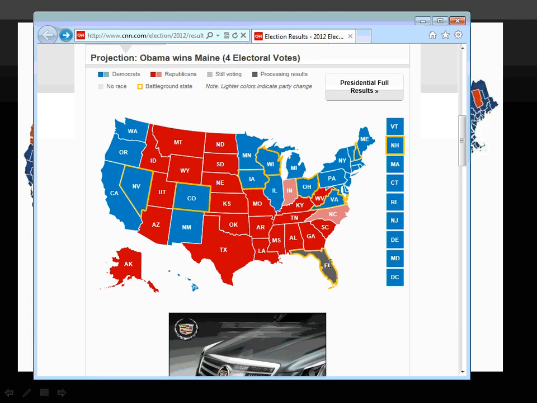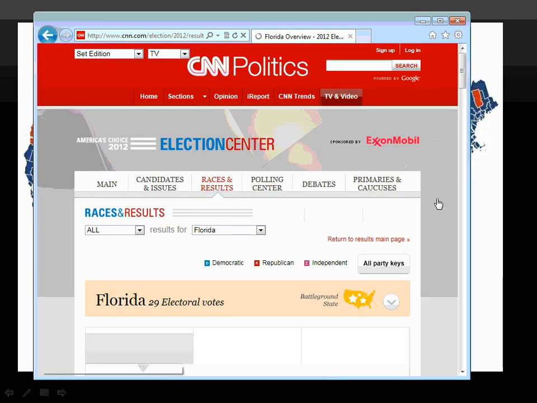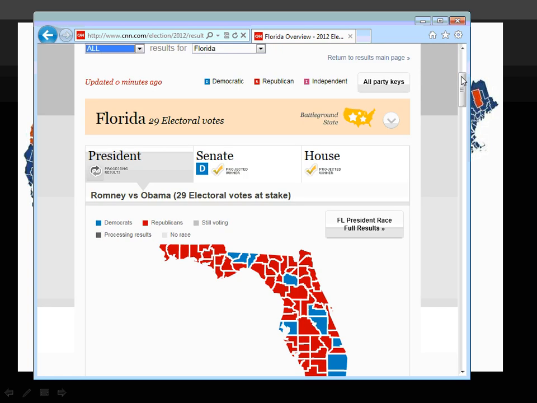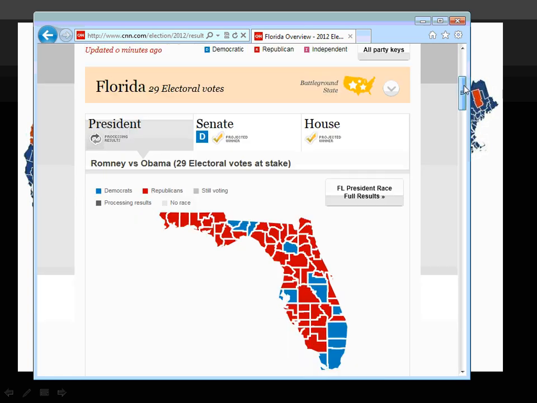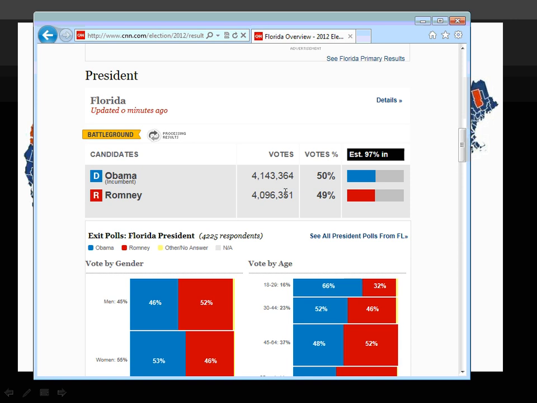One of the things you look at here also then, interestingly enough, when you look at Florida, Florida is still not called 2 days later. But if you look at the total votes, it is within about 45,000, leaning towards Obama.